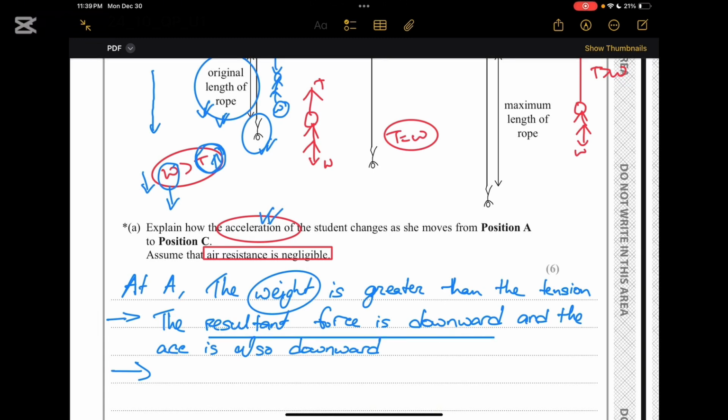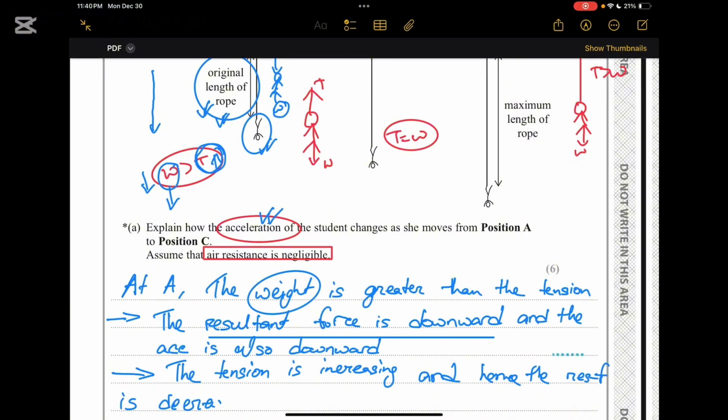So we can mention that the tension is increasing, and hence the resultant force is decreasing.